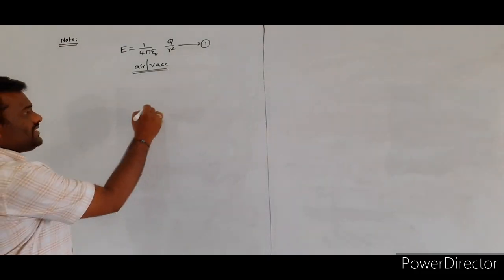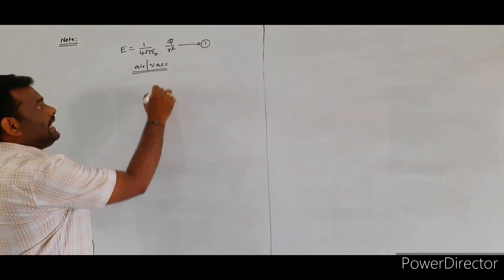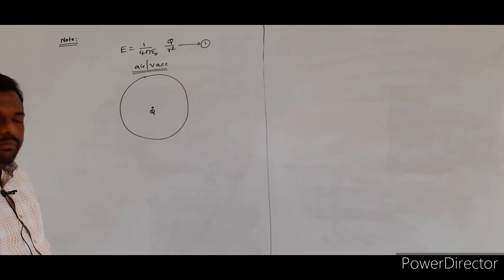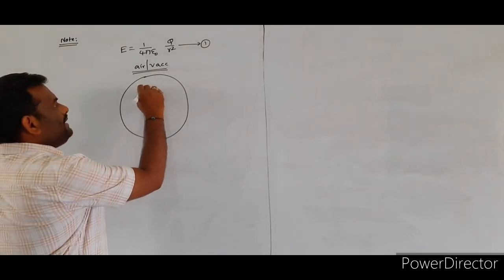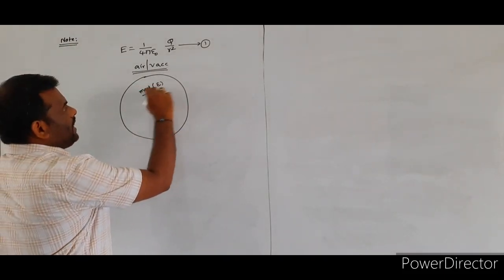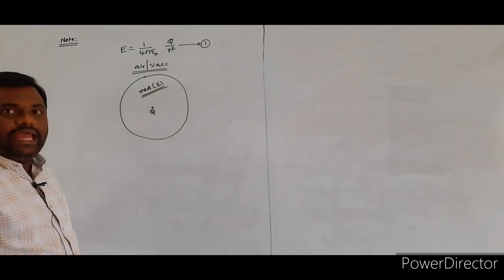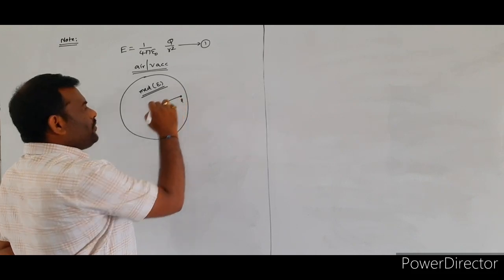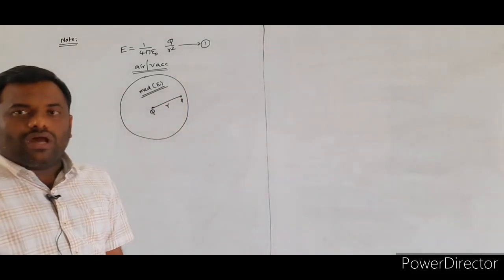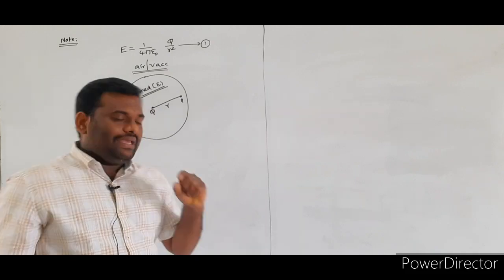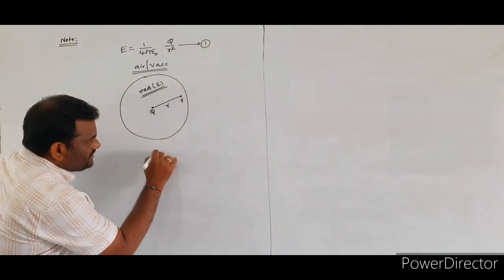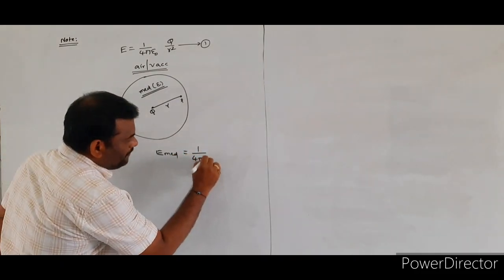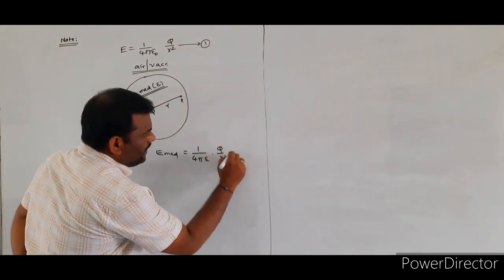Suppose around the charged particle some other medium is there, whose permittivity is given by epsilon. At that time the electric field intensity at the given point P at a distance of small r in that particular medium will be given by E medium is equal to 1 by 4 pi epsilon Q by r square.